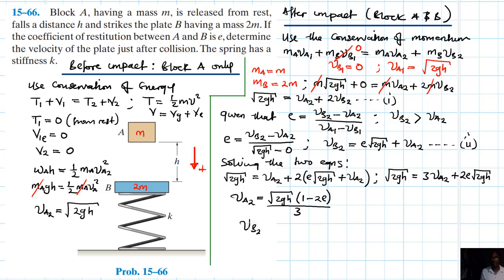So therefore, for our v_B2, we do have the equation. Where is it? This is the one here. So we do have this one and this one. So this is just equal to e square root of 2gh plus square root of 2gh times (1 minus 2e) divided by 3.